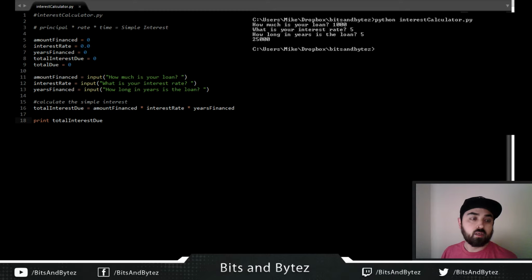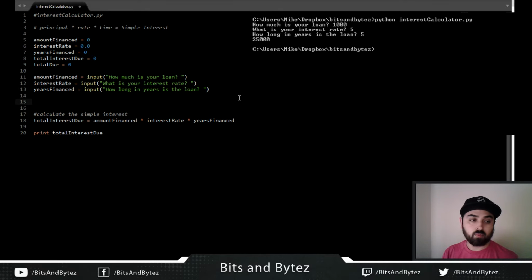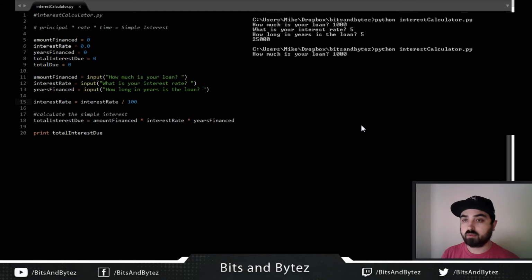So what we want to do is, after we ask what the interest rate is, we want the interest rate to equal the interest rate, whatever they enter, divided by 100. So we get the total interest, but in a decimal. So let's try that again. How much is your loan? It's 1,000.